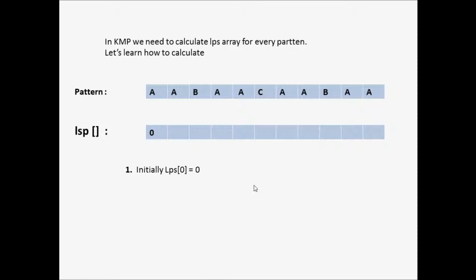In KMP, we need to calculate the LPS array for every pattern. Let's learn how to calculate it. Suppose we have a pattern like A, B, A, C, A, B, A. In the LPS array, the zero index will always be 0. Then in the pattern, we take the first index j and the next index i.